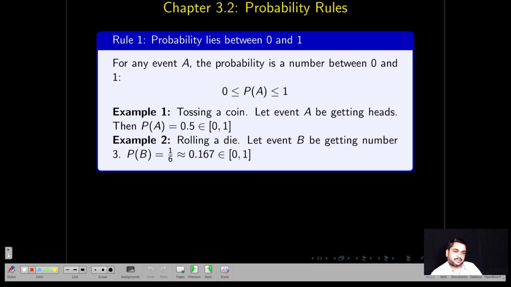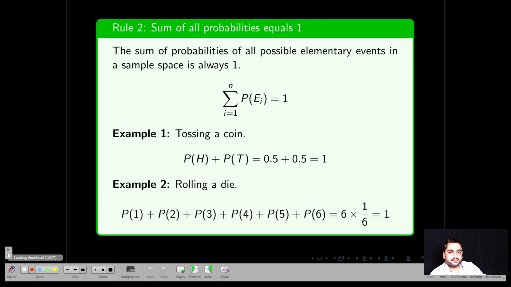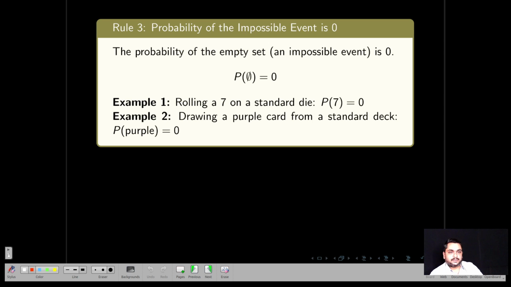Next, you'll see some of the rules of probability. This may again include some of the axioms. For any event, the probability is a number between 0 and 1. This you already know. Next, the sum of all probabilities is equal to 1. Next, the probability of an impossible event is 0. That is the example I gave in the beginning, rolling a 7 on a standard die. So 7 is not possible, so it is 0.